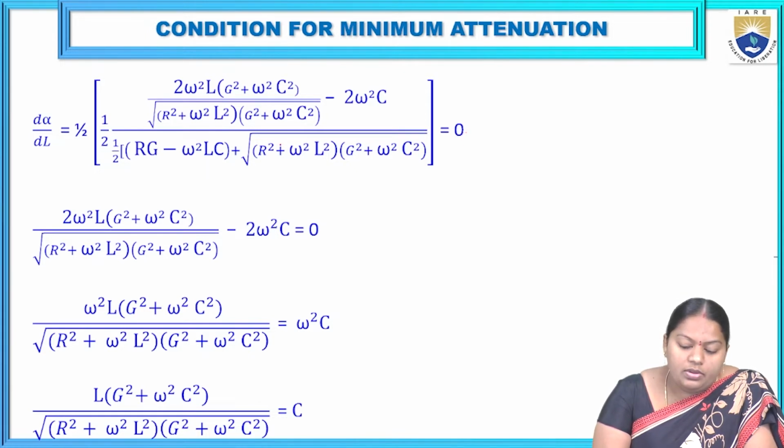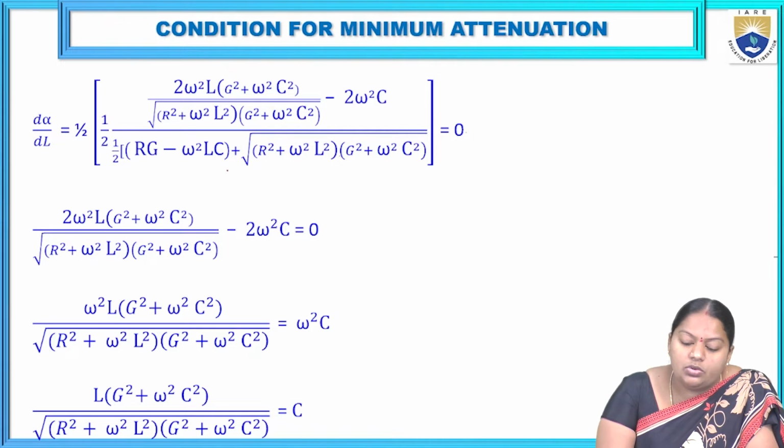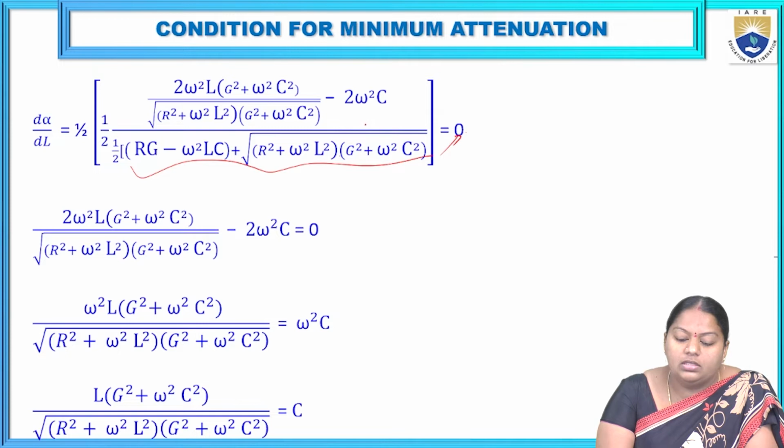Now if you equate, the total denominator term is equal to 0, and this 1 by 2 also equal to 0, then it becomes 2 omega square L into g square plus omega square c square by root over r square plus omega square L square into g square plus omega square c square minus 2 omega square c equal to 0.